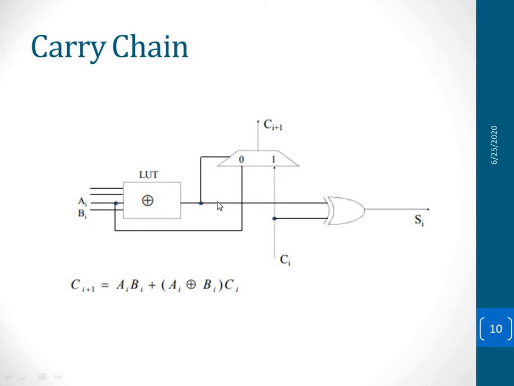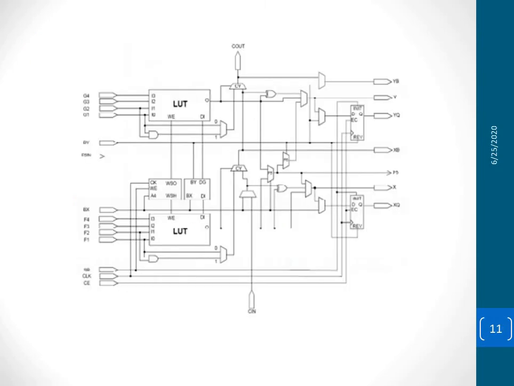The output of this is given to the XOR to produce the sum, because AI XOR BI XOR CI will be my sum output. But if I want to generate the carry, it is AI XOR BI into CI, plus AI into BI. So these things we need to repeat again. Using this carry chain, it makes it faster, and the connections also will be less.